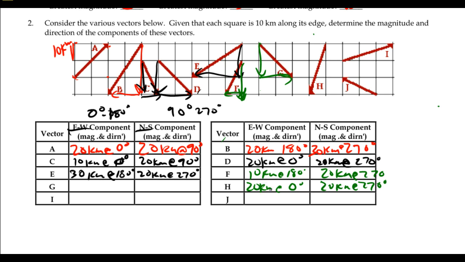Okay, so I wrote that in the wrong spot. That's over here, 20 kilometers at 0 degrees for G, and 20 kilometers at 270 degrees for that one. Now, pause the video and try the last 3 for yourself. I'll put the answers up here, and you can see how you did.